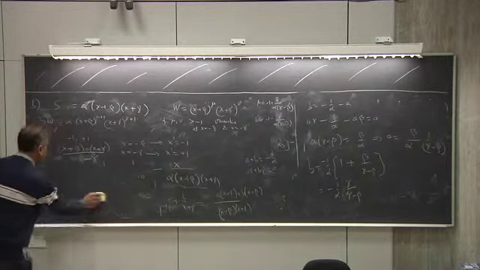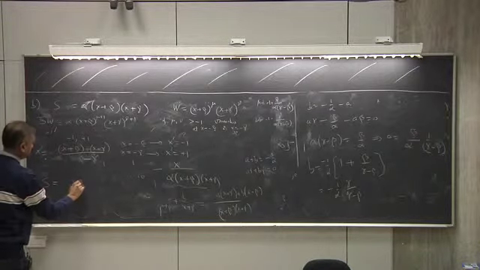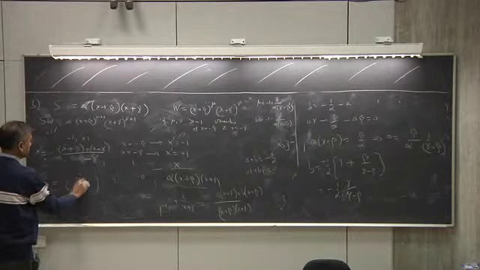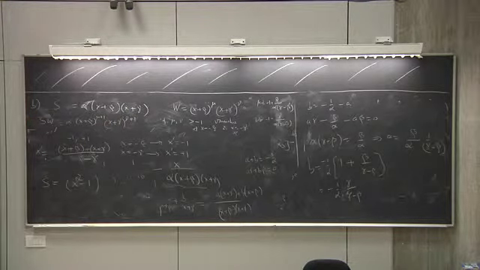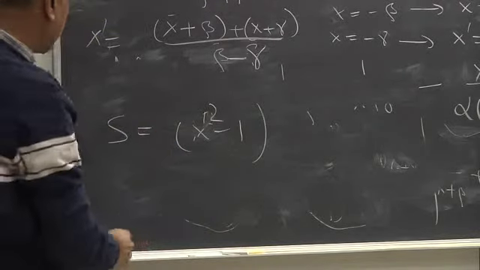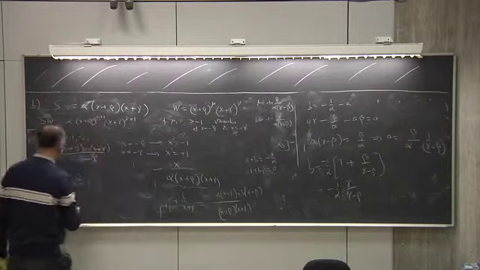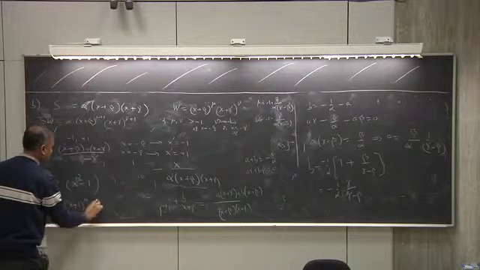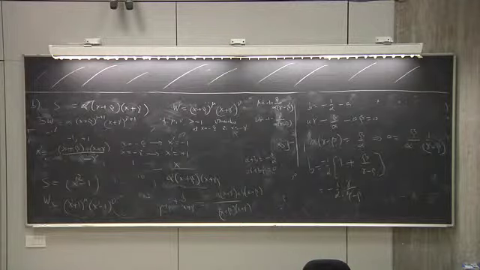So S must simply become x prime minus 1 times x prime plus 1, which is x prime square minus 1, up to some constant. This constant is irrelevant, so I can forget about it. And W will become x prime plus 1 to the power of mu, and x prime minus 1 to the mu, in the x prime variables.